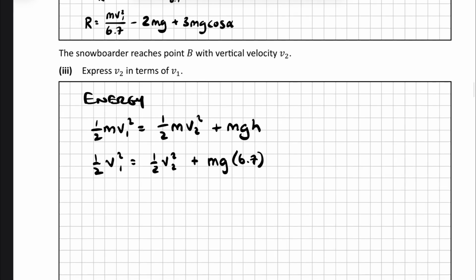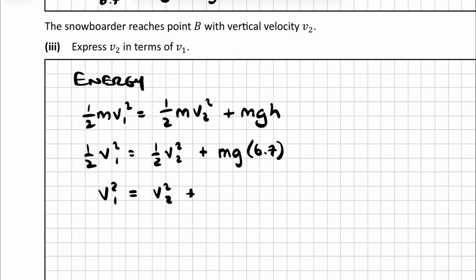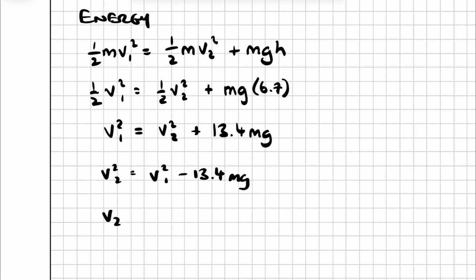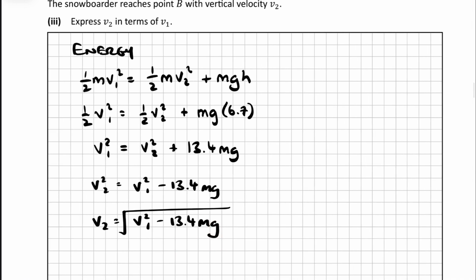Express v2 in terms of v1. Sure, multiply everything by 2, just to get rid of those 2s. And finally, do the square root of both sides. You may have also had this as 131.32. That's okay, because you might have multiplied out the g, absolutely no problem with that.